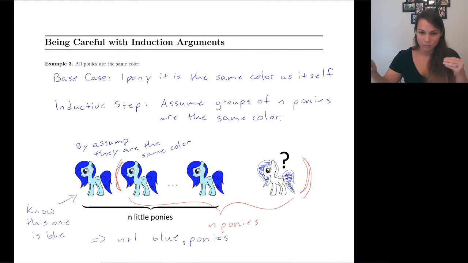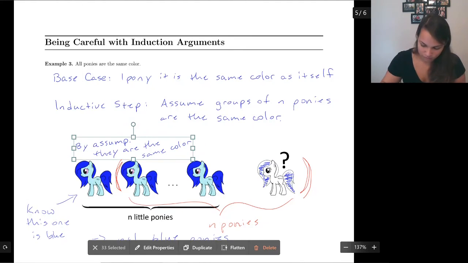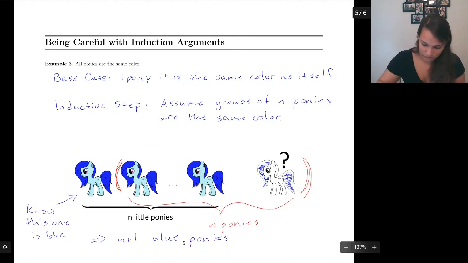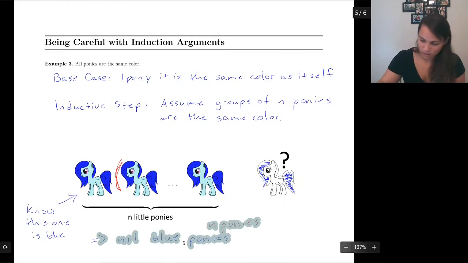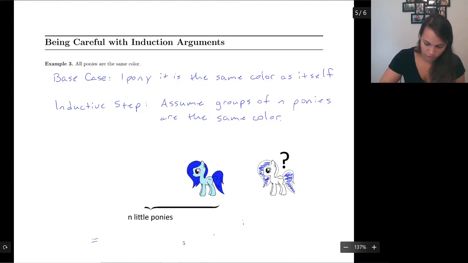So the place that this went wrong was this regrouping step. It relied on something that's kind of hidden. Let's see. If we clear away some of this stuff, let's look at a group of 2 ponies.